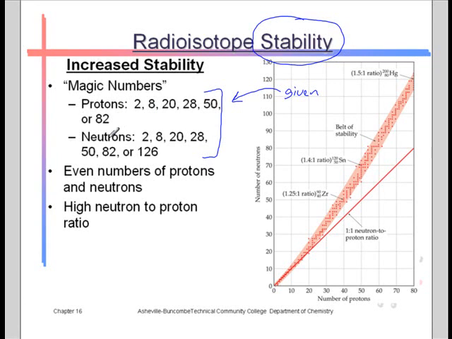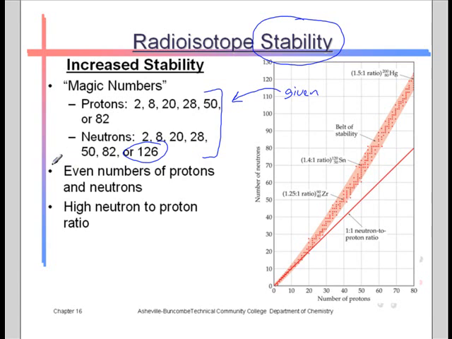If you have a count of neutrons of one of these magic numbers, and notice that 126 is thrown in there as well, then the isotope tends to be more stable than usual. Now, what's the physical reason for this? Honestly, I don't know, so I'm not going to emphasize it too much.